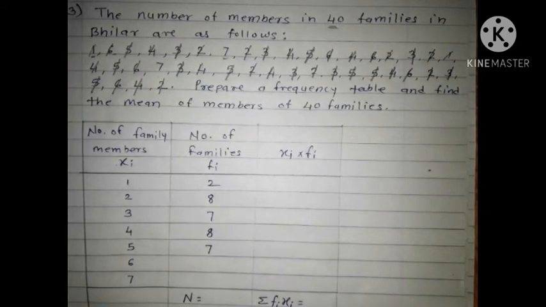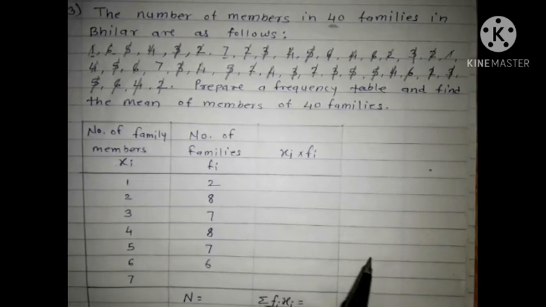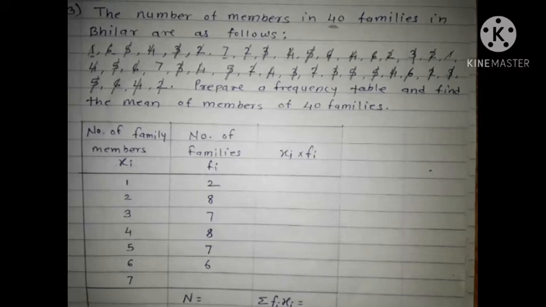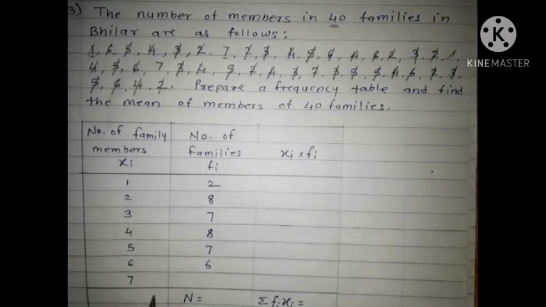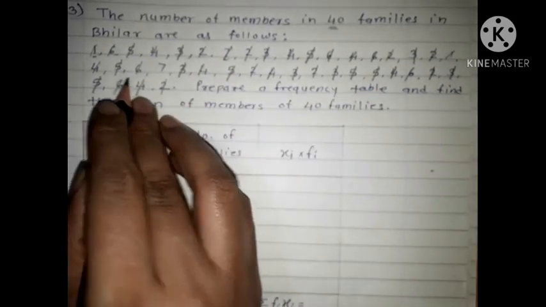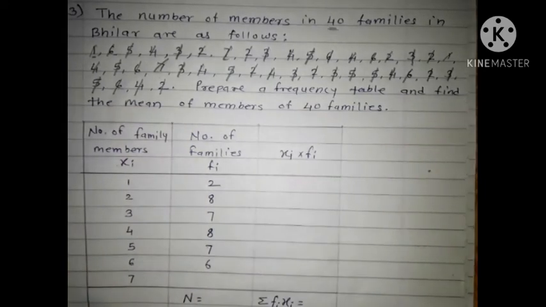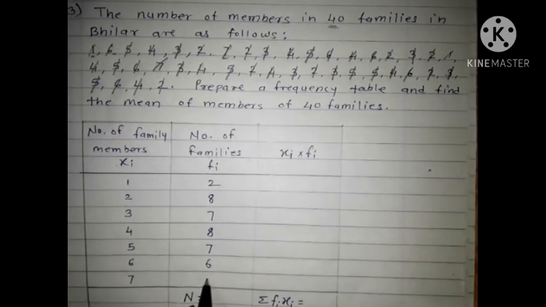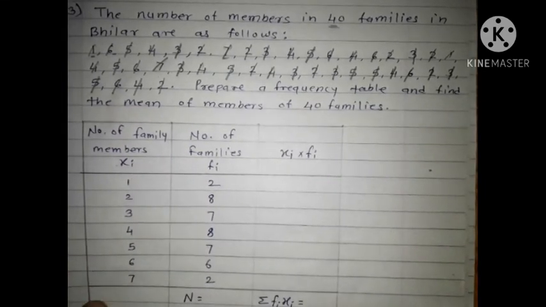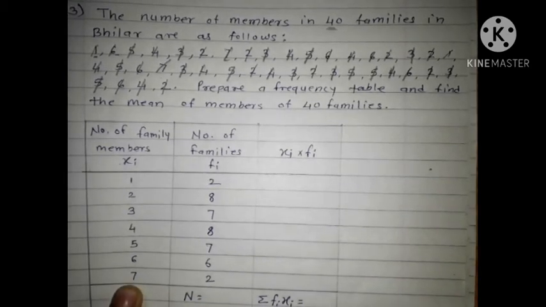There are 6 families having 6 family members. Now the families having 7 family members: 1, 2. Only 2 families have 7 members.